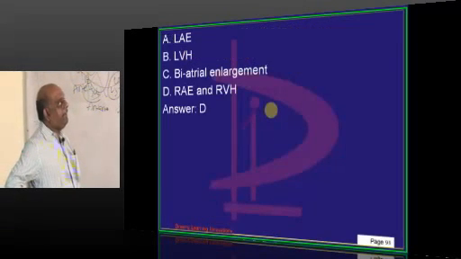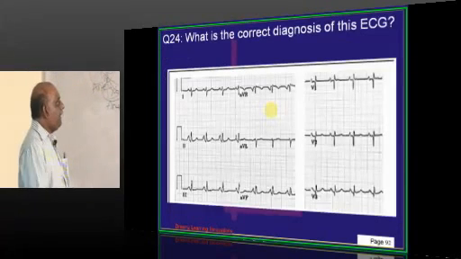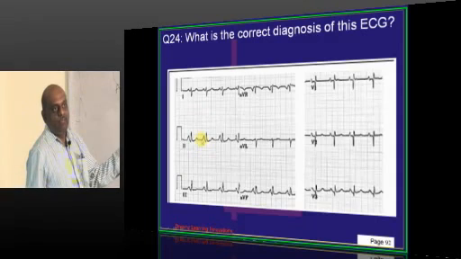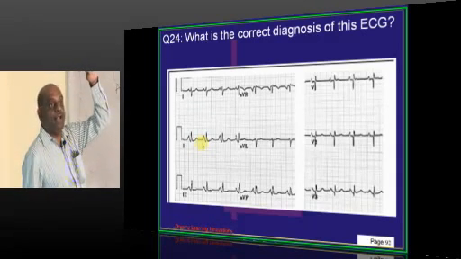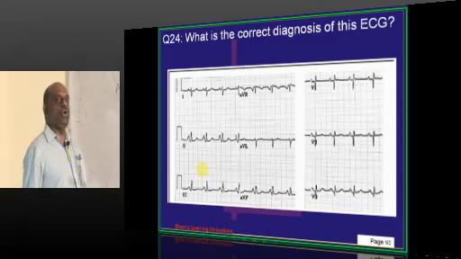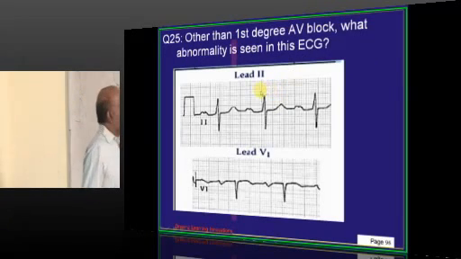But when do you call prominent P wave? That is also important. Normally the height of the P wave won't be more than 2.5 boxes. If it is taller than 2.5 boxes, then you call it tall P wave, is what you have to basically remember.